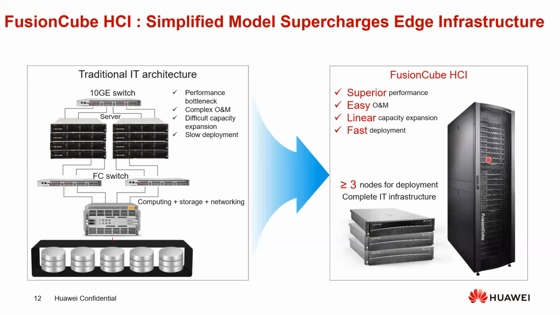Huawei has simplified the site rollout. It is prefabricated, or pre-configured, from the factory and directly delivered to the customer as per need. So this is a transformation from your traditional architecture, converging the three layers together into one single box solution. That is called FusionCube, and today's topic is about FusionCube.